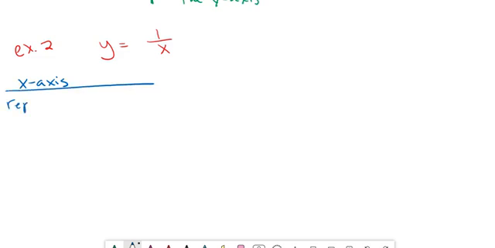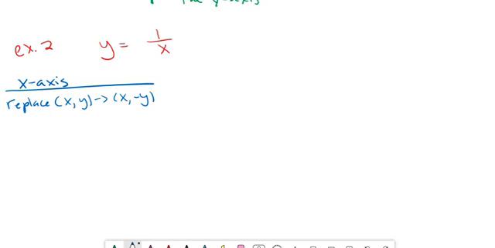And then you're going to write replace x comma y with x comma negative y. So for testing x-axis symmetry, those are our directions. And so you have to have that sentence there so I know that you know how to test for it, right? So you're telling me what it is you're about to do. So that's one thing I will check for on the lab and the quiz and the test.